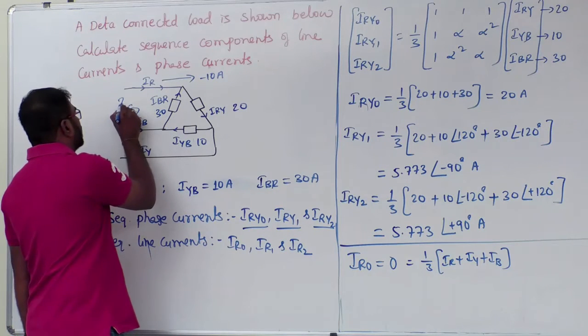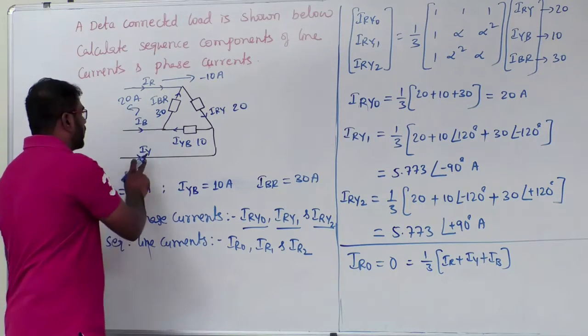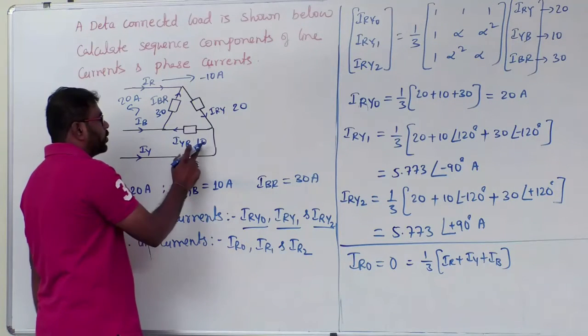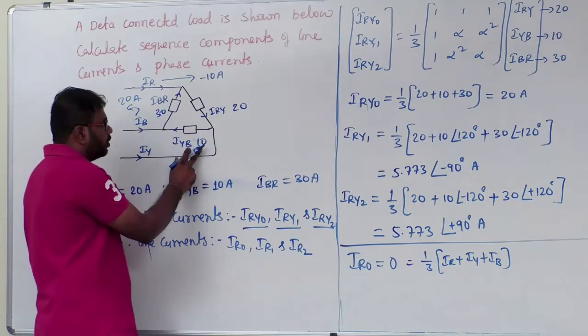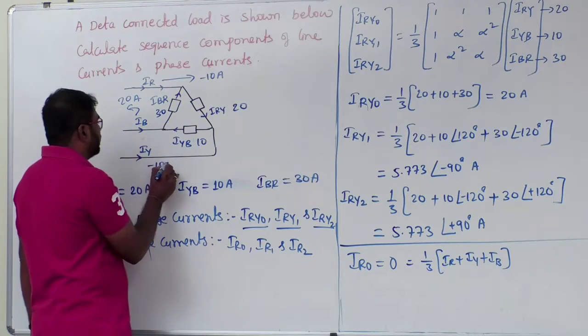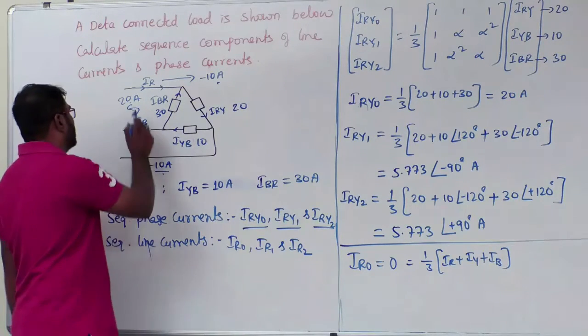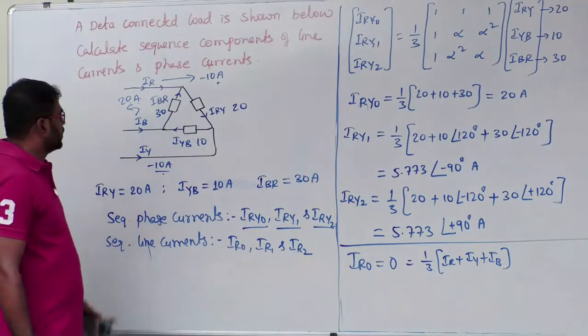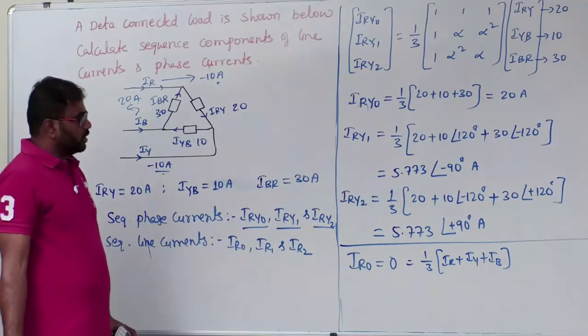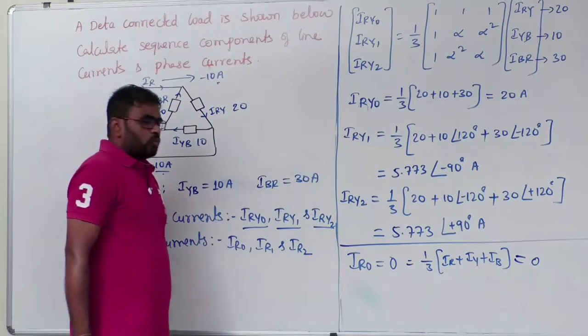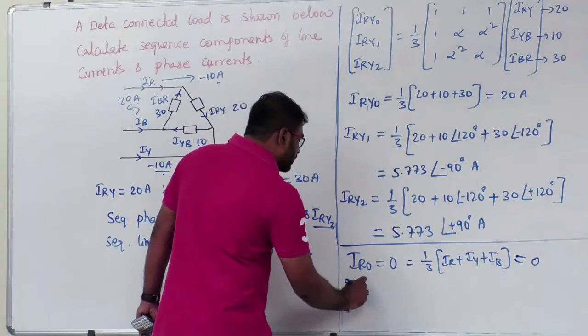So IB is plus 20 amperes. Now IY: incoming current is 20 and IY, outgoing current is 10 amperes. So IY equals minus 10. Now just check: IR is minus 10, IY is minus 10, IB is 20 amperes. If we add them, we get 0. So that's why the IR0 value is 0.